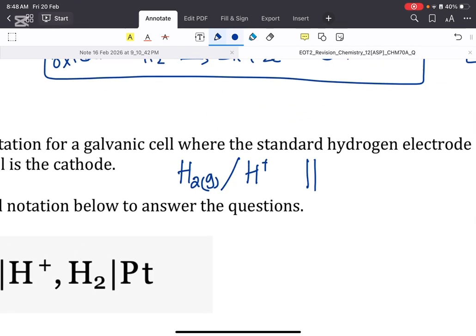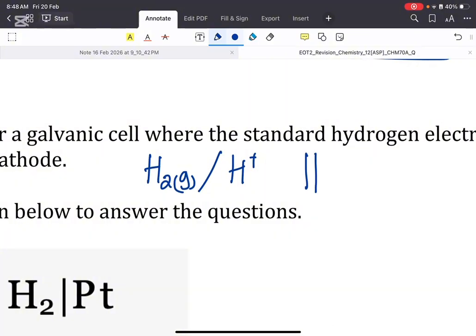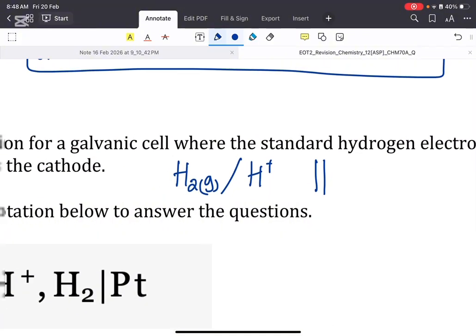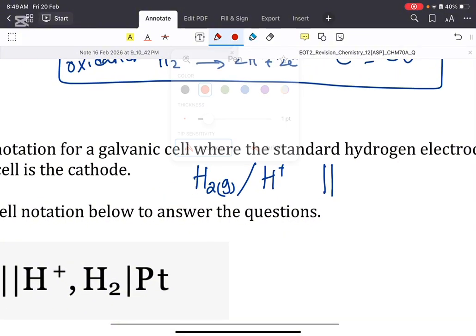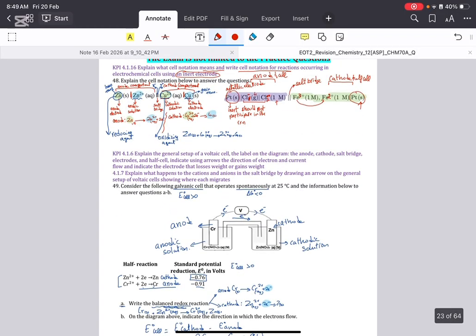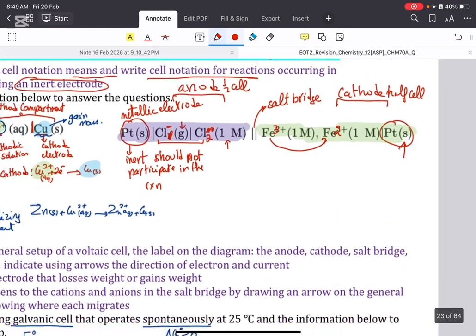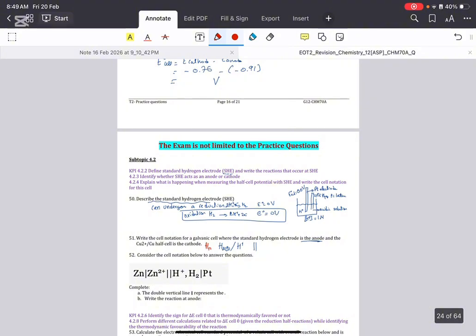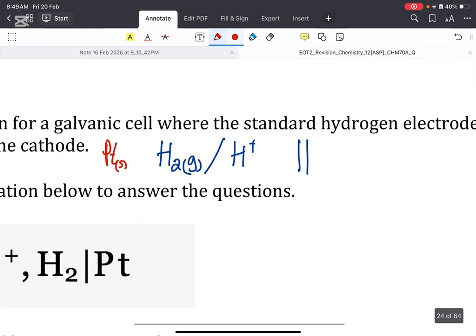One important thing, I need to involve the inert electrode. So I write it at the beginning: platinum, and you can do a slash or you can do a comma. It doesn't matter. Just like the one over here, they put a slash or I can put a comma.